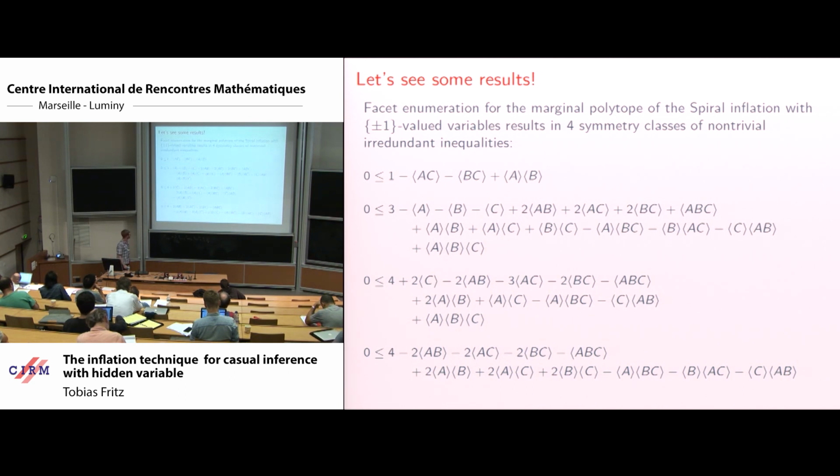But just recently, my co-author and somebody else proved that, using additional constraints on G prime that I'll explain in a second, the inflation technique is complete. So whenever you have a distribution that is not compatible with the causal structure, our technique can detect it.